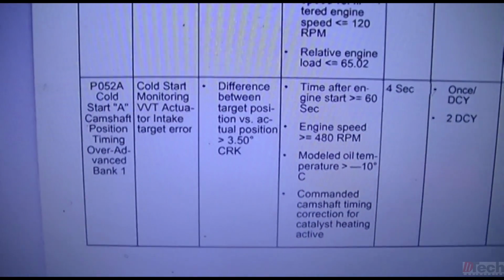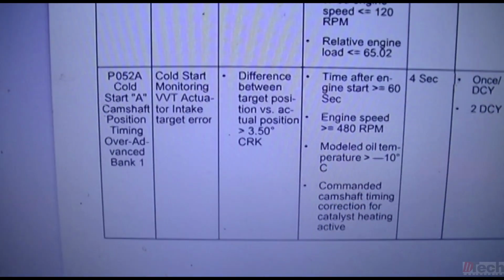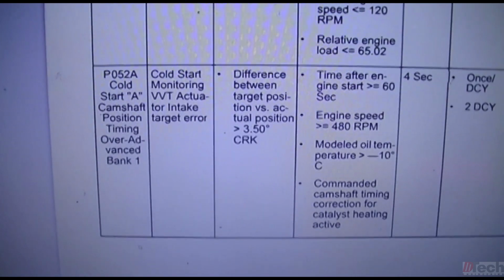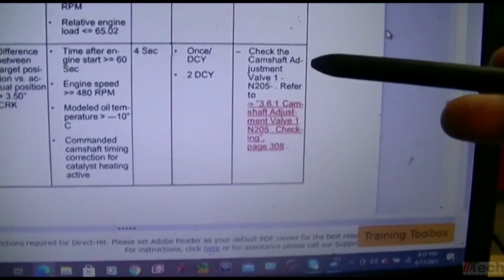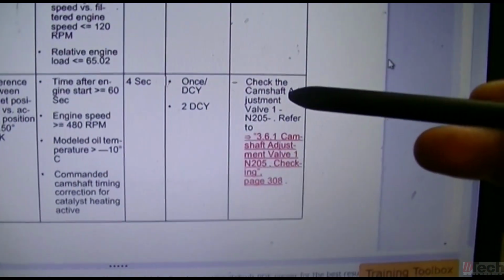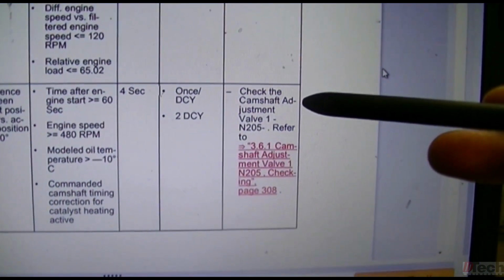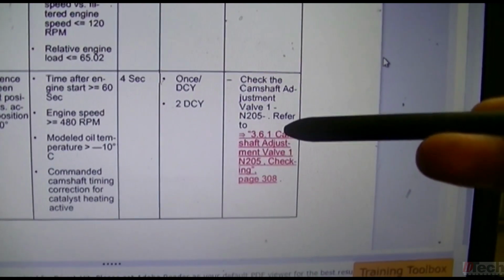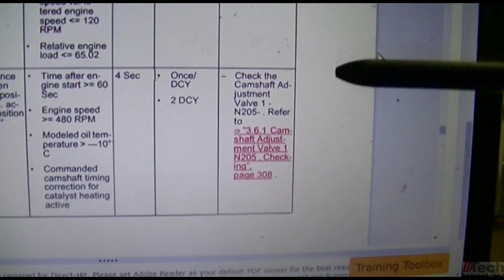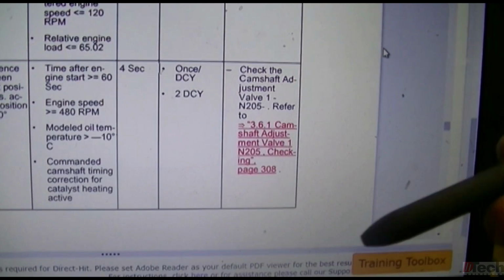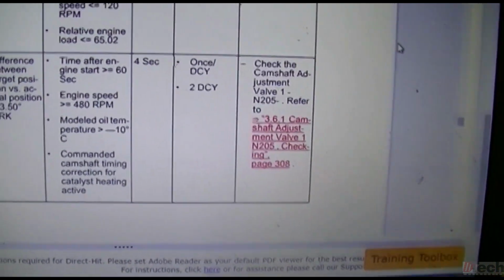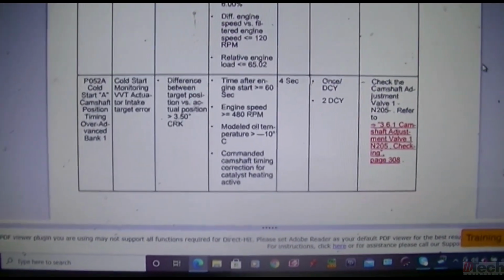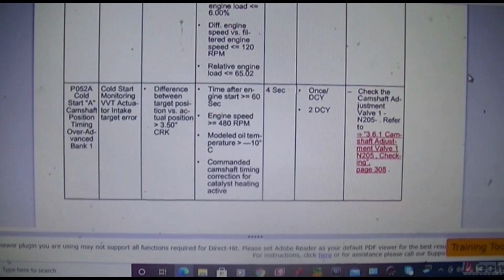So it's not happy with where the intake cam is, and as far as anything goes, it just says check the camshaft adjustment valve N205, and that's basically just that oil control solenoid valve. When you go past into that, it just has you checking the ohms, and I don't know if it tells you to swap it or whatever.